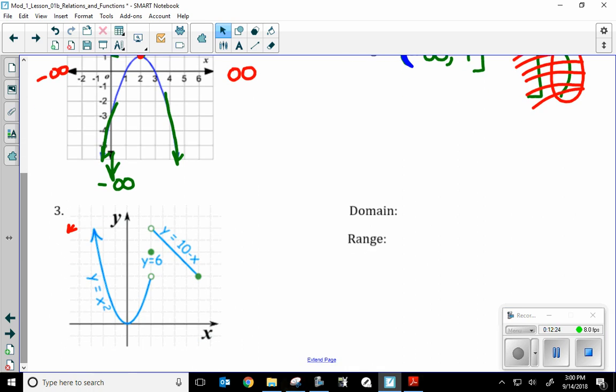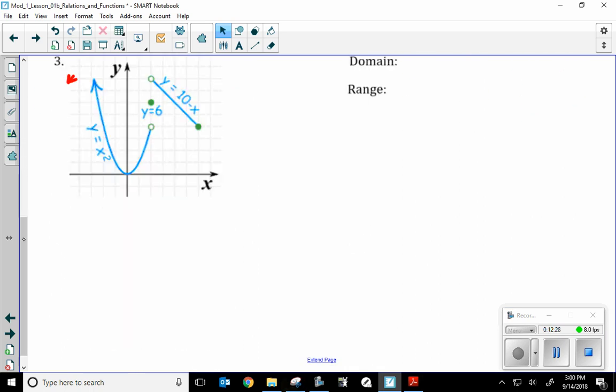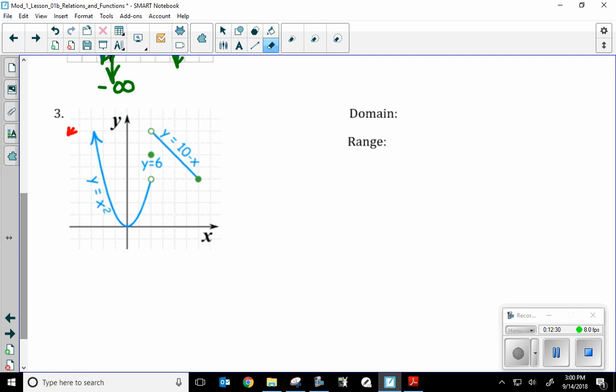And finally, we have this problem right here, problem number 3. This looks like a piecewise graph, which means it's parts of 2 or 3 different graphs all together. All right? And we still have to figure out the domain and range. Keep in mind, the domain is still the x value. I'm still concerned about going left and right.